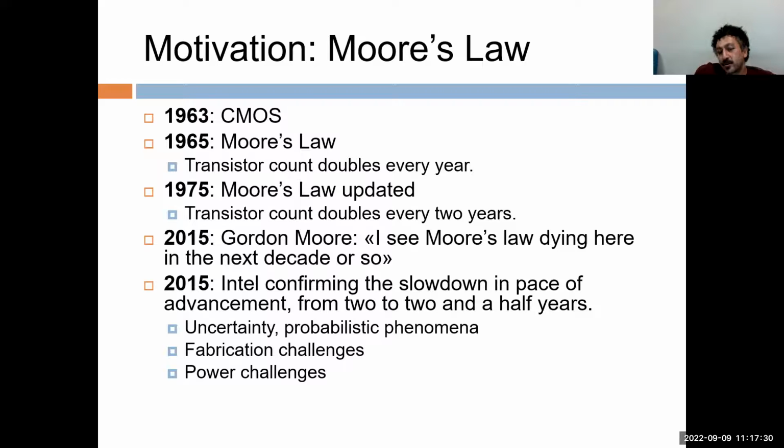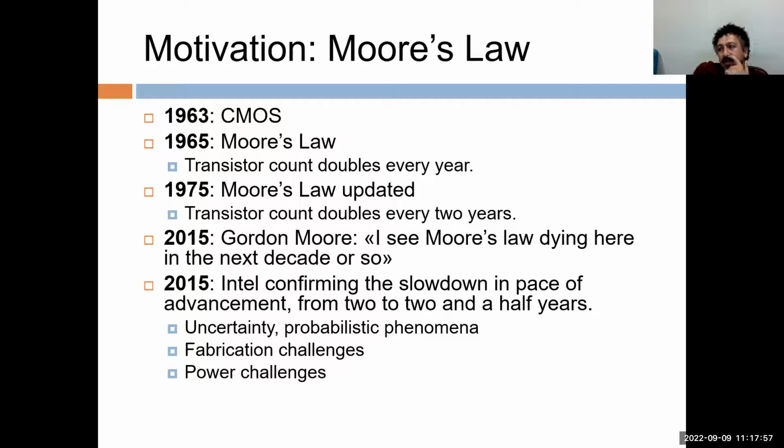You might remember or not, I'm old enough to remember when I was in college. We bought a computer in the freshman year, and after a couple of years, it was becoming just trash. No games, nothing, it didn't work. Why? Because technology was scaling very fast.